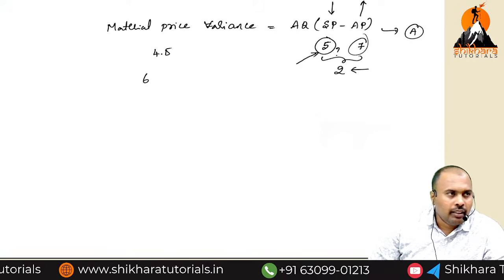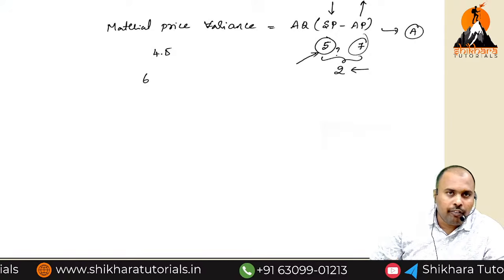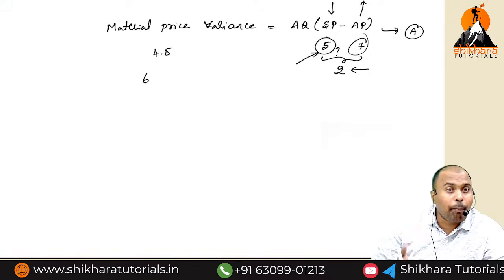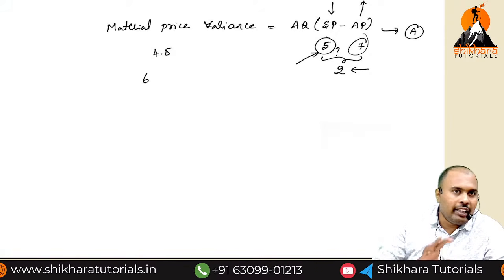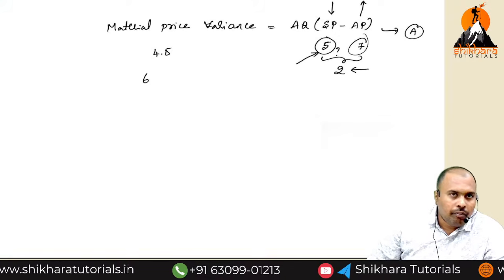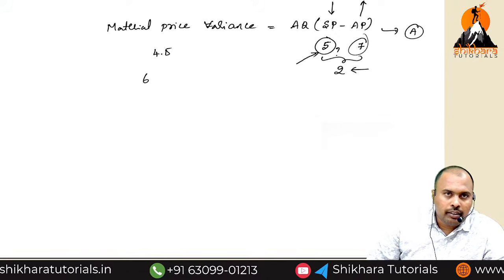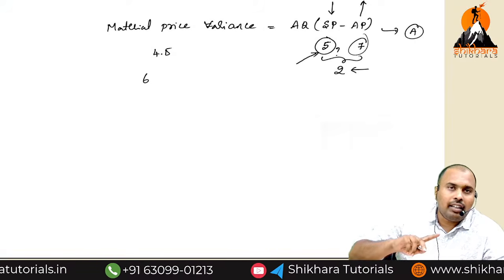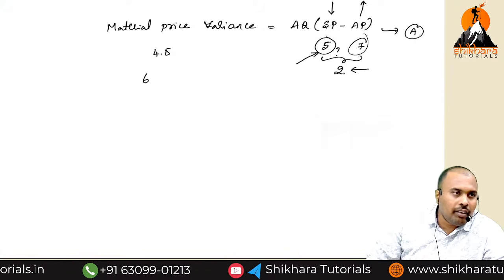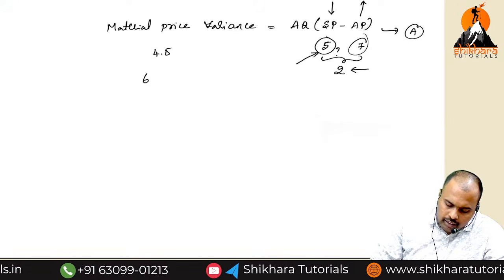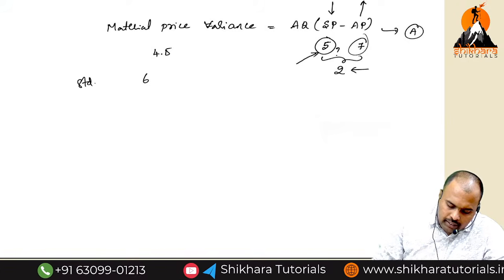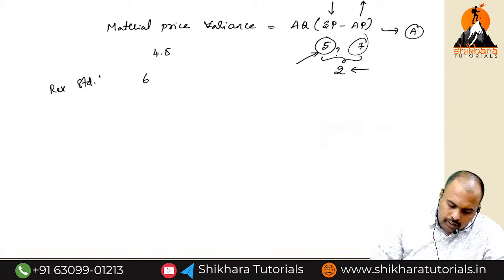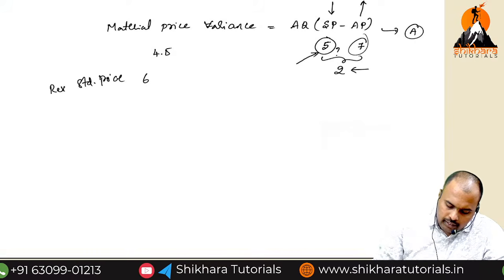It means whenever we were fixing our standard and planning, we did not plan properly. So while evaluating the variances, we will revise the standards. We will revise the standard prices to 6.